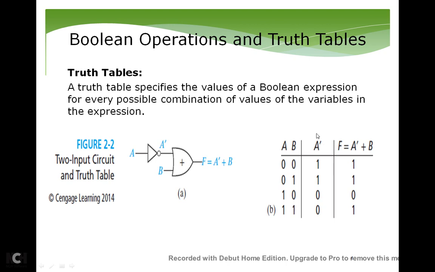And for convenience, we generate a helper column called A primed, because we want to generate a table for A prime or B. Then we work between these 2 columns, A primed and B, to get A primed or B, okay? So 0 or 1 is 1, 1 or 1 is 1, 0 or 0 is 0, 1 or 0 is 1. Okay, so we can see how we can get a truth table for a Boolean function.